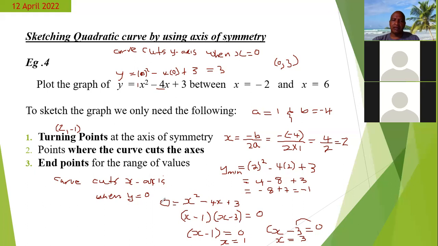This 0, the y equals 0. Yes, sir. All right. Now, why we say it cuts the x-axis when y equals 0, that is based on the graph itself.